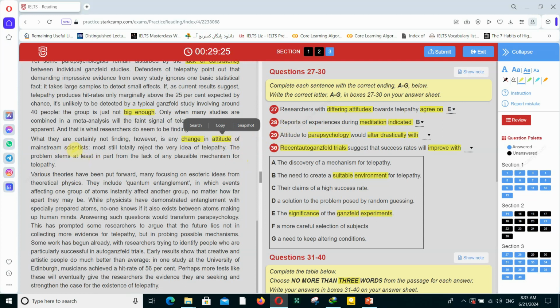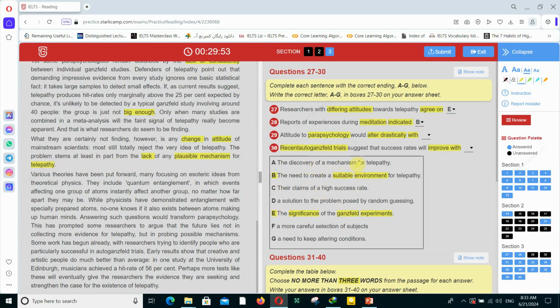Attitude of mainstream scientists. Most still totally reject the very idea of telepathy. The problem stems, at least in part, from the lack of any plausible mechanism for telepathy. So, look for the answers. We have already chosen B and E. Let me highlight this so as not to look for it again.